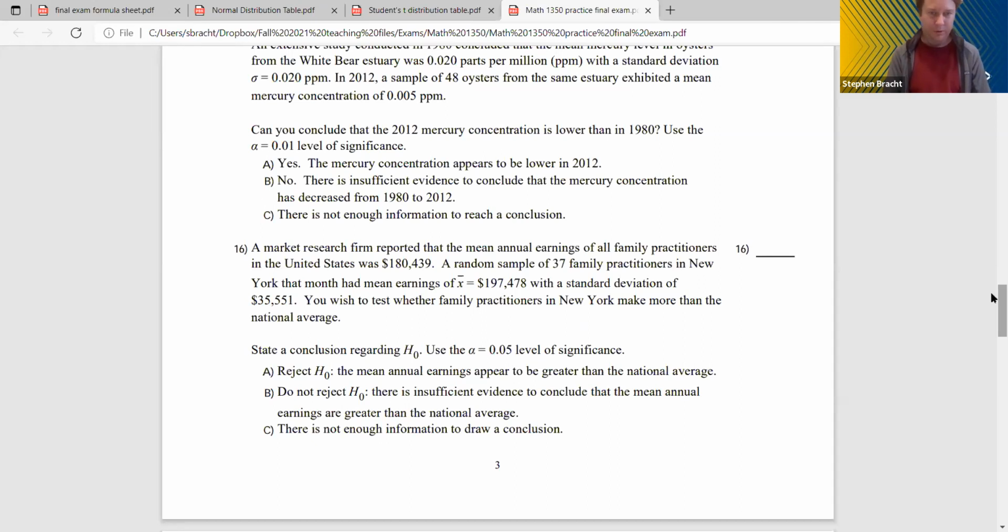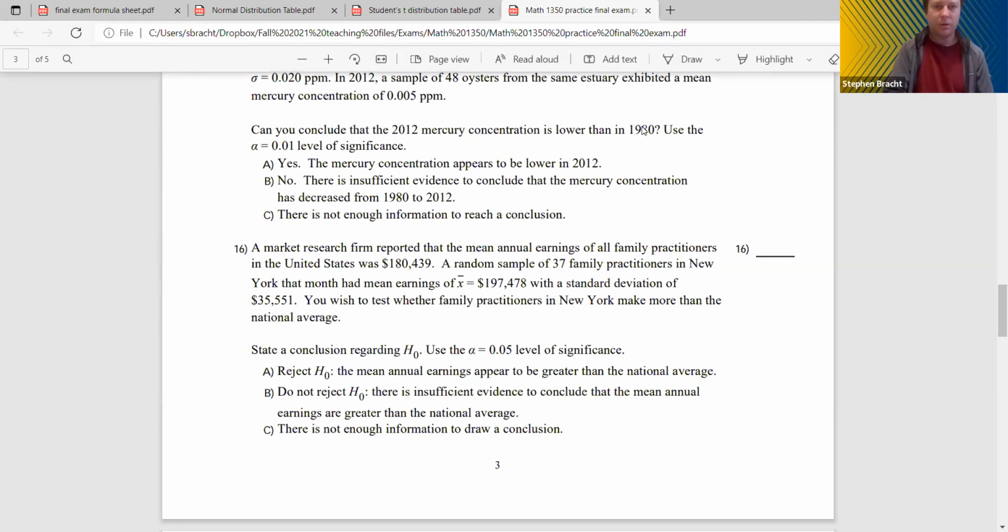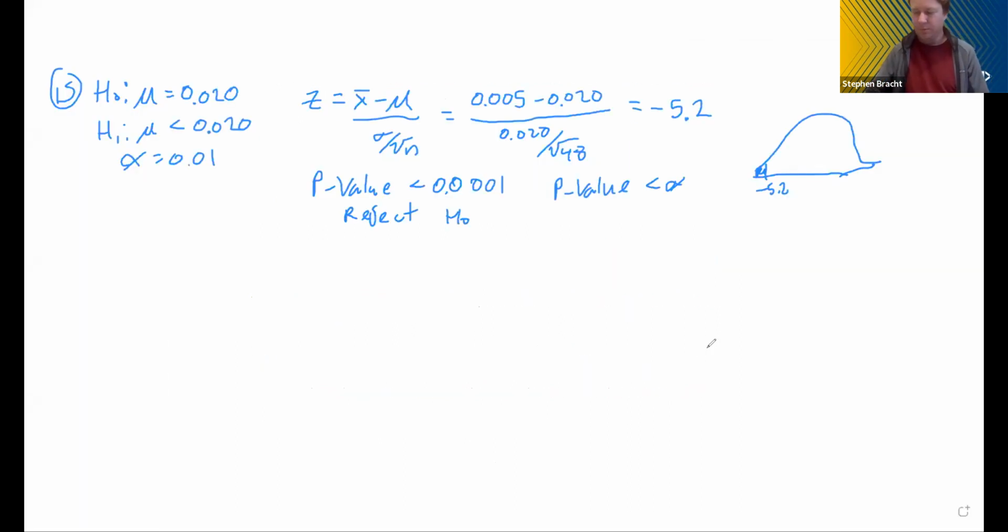You wish to test whether family practitioners in New York make more than the national average. State a conclusion regarding the null hypothesis. Use the 0.05 level of significance. Okay. So let's come over here.